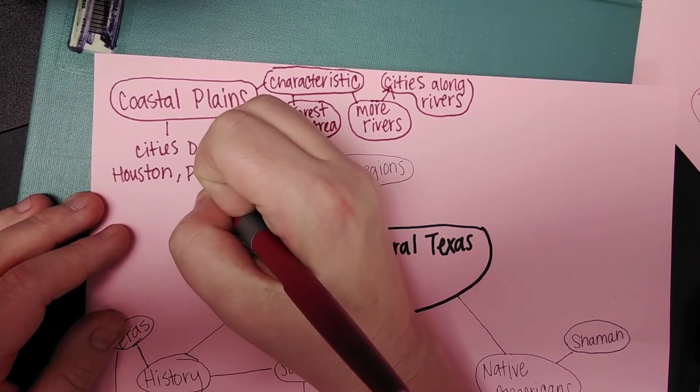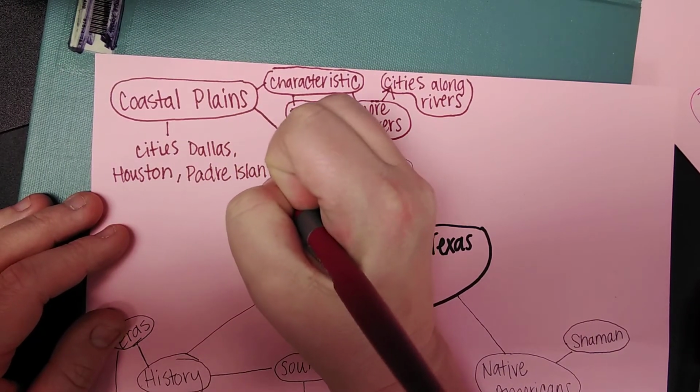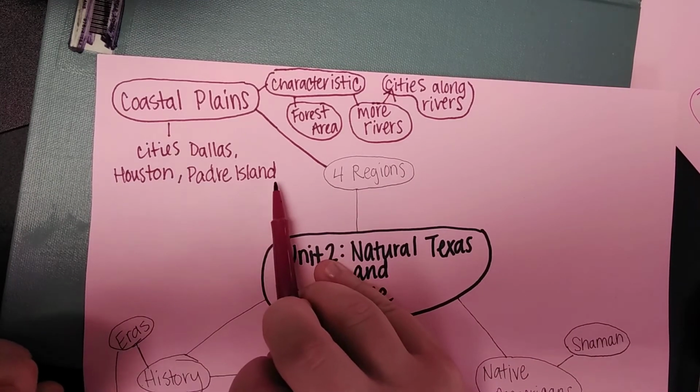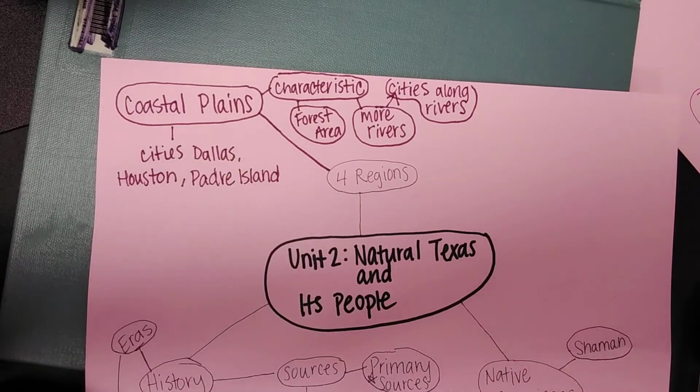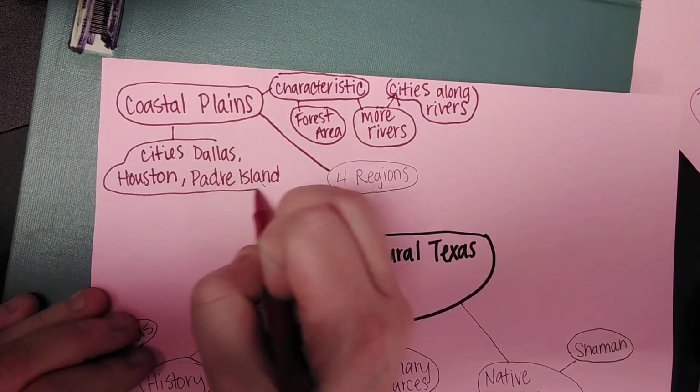And then there is Padre Island. And really, you don't need to know where Padre Island is, but the fact that it's an island tells you that it's in the coastal plains. There are no other islands in other regions. All the islands that we have are in the coastal plains. Boom, that's important.